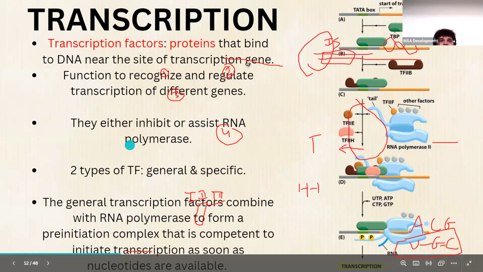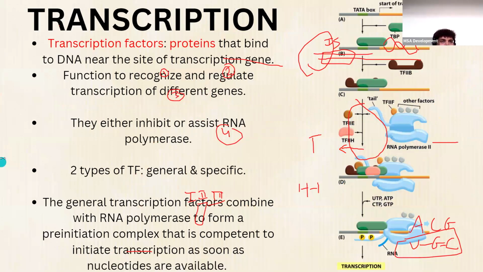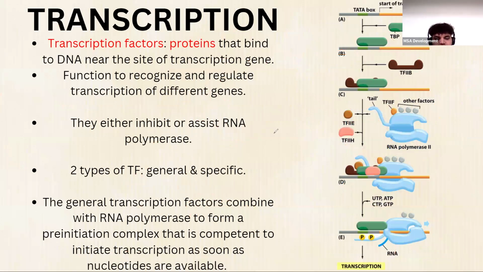And then we're going to go into transcription right now. We're going to begin with transcription. So, first off, we have something called transcription factors. What are transcription factors? They are proteins that bind to DNA near the site of transcription gene. What does that mean? Look closely at the picture. Remember, pictures are really important in MOL. Focus on them. Everything in them is really important.